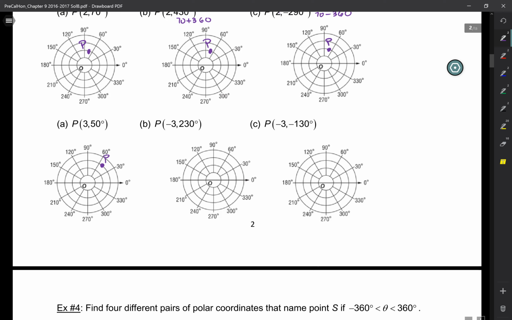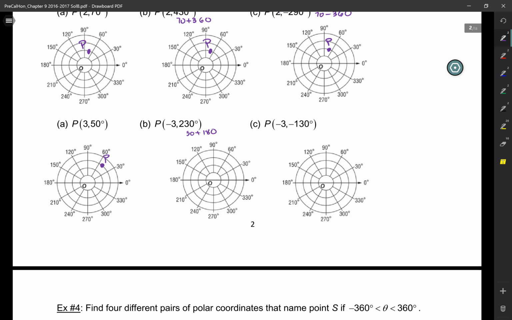So that's P. Okay? Now, what if, just for fun, I took 50 degrees and I added 180 to it? So if I added 180 to it, I would get 230.